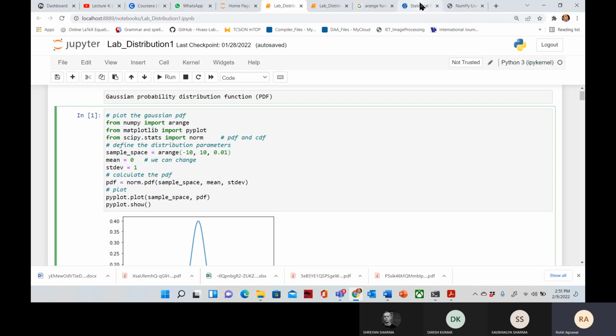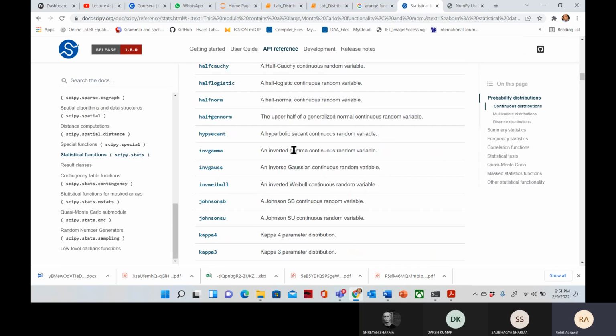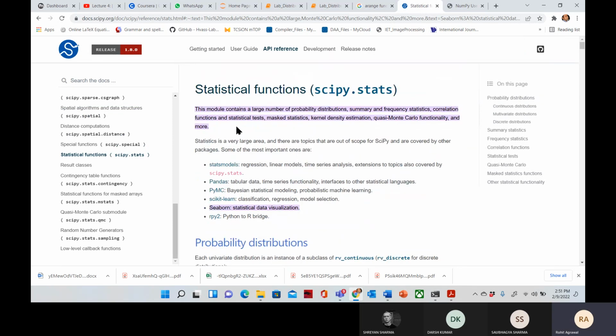SciPy.stats is a statistical library. This module contains a large number of probability distributions, summary and frequency statistics, correlation functions, statistical tests, and so on. So this is for statistical purposes.